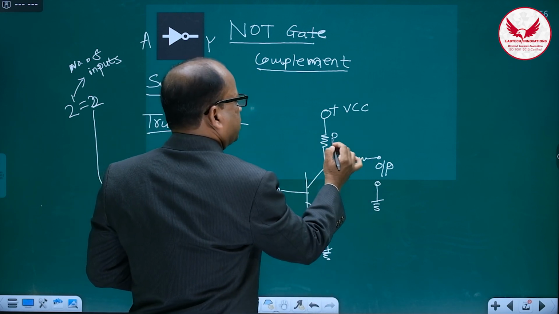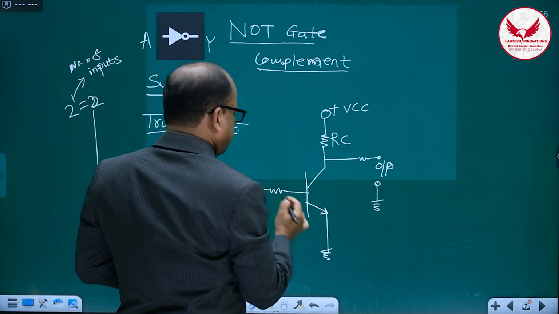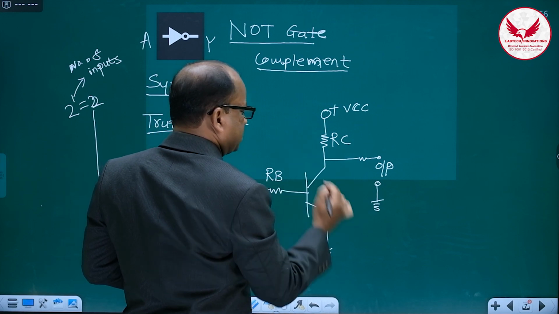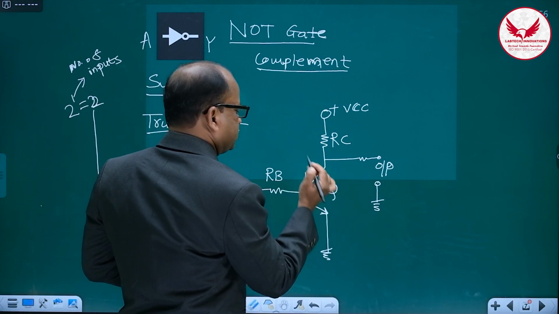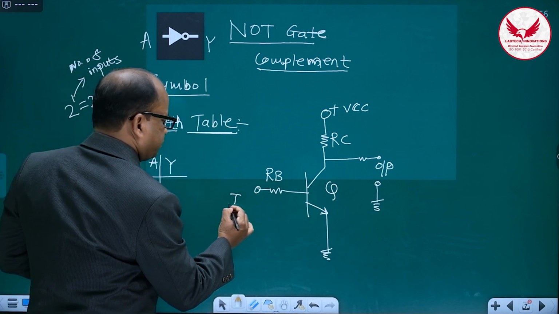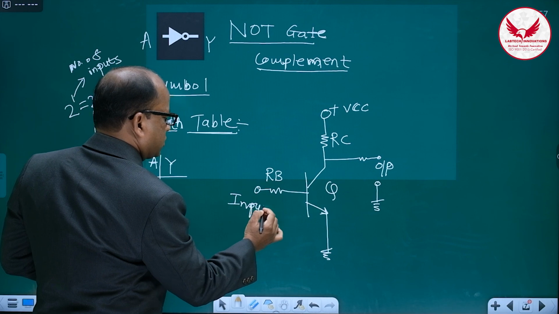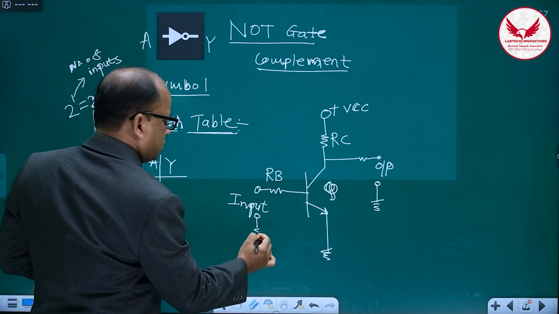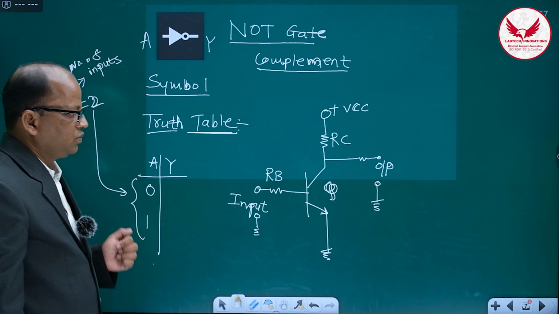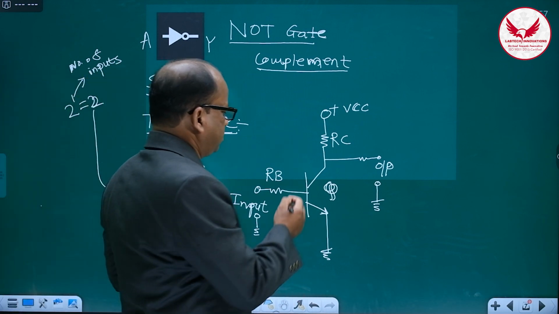This resistor is called RC, then this is RB, and this is the transistor Q. Here one can apply the input.